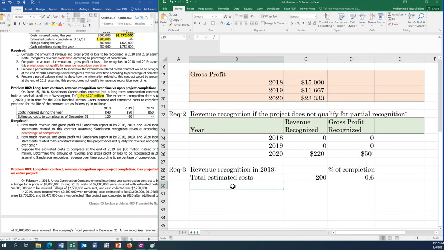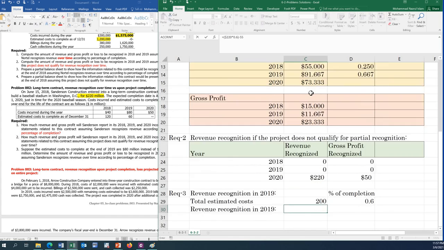Okay, so the revenue recognition in 2019 would be 220 multiplied by 0.6, meaning 60%, minus 55, the amount of revenue we recognized in 2018.